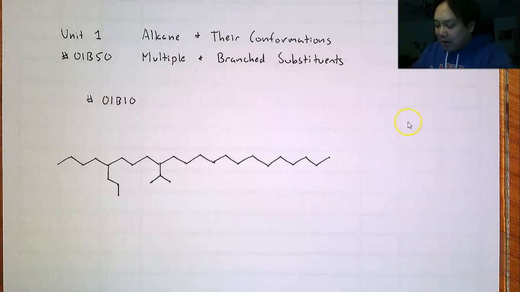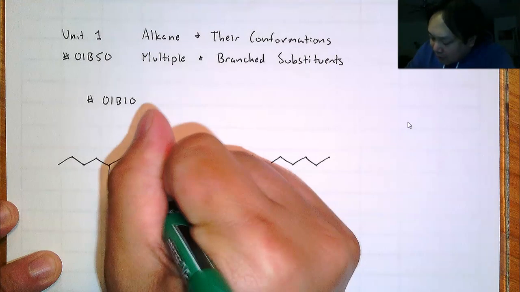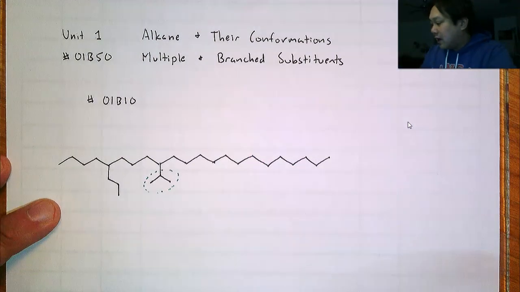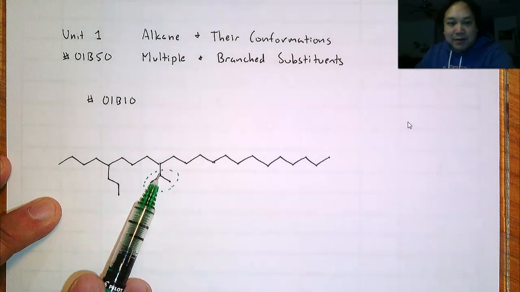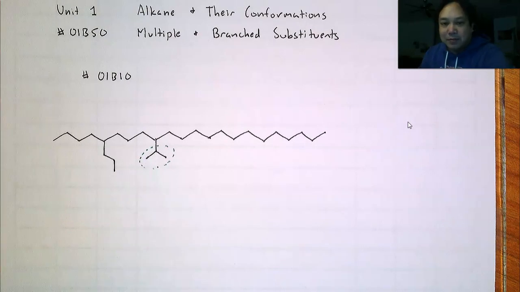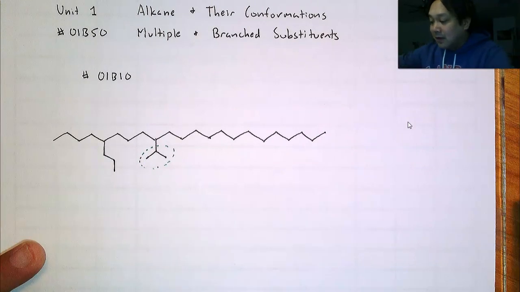Remember my tips: circle it with a dotted circle, and make sure you bisect the bond. Make sure your dotted circle doesn't hit either of the carbons, because that would be ambiguous whether it's part of the parent or part of the substituent.